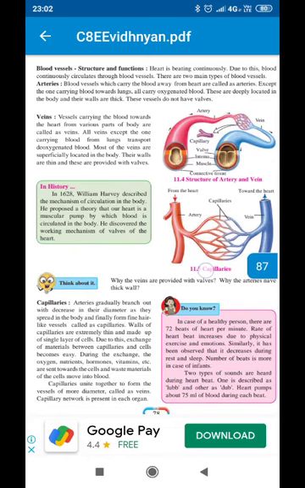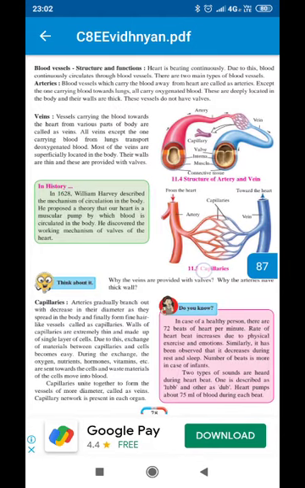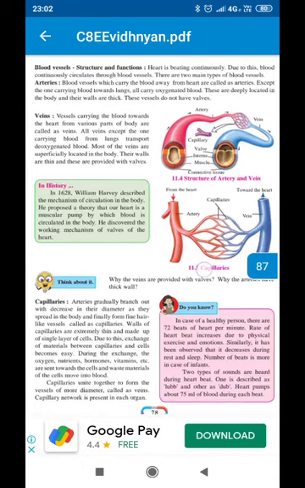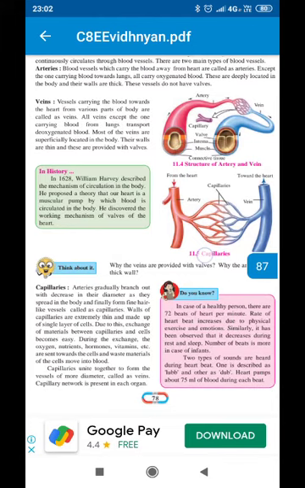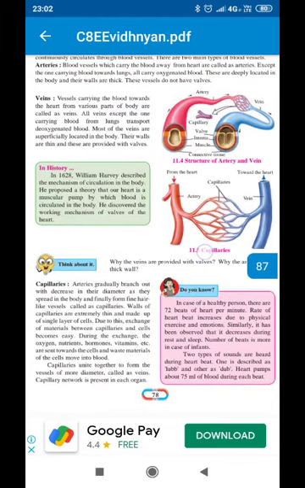Except the one carrying blood towards the lungs, all arteries carry oxygenated blood. They are deeply located in the body and their walls are thick. Now, veins. Just the opposite is the function of the veins. Veins carry the blood towards the heart, because from the heart it goes to the lungs for purification. Purification implies oxygen is taken in and carbon dioxide is given out.